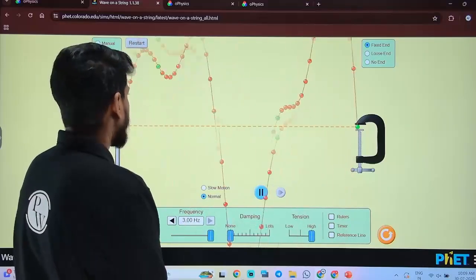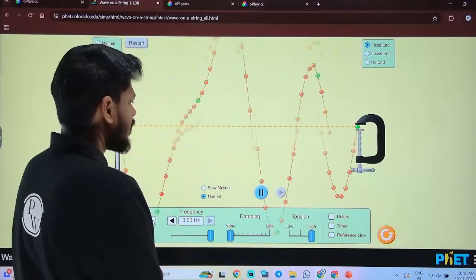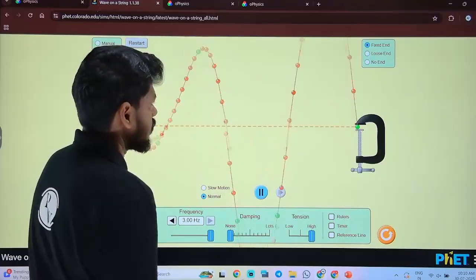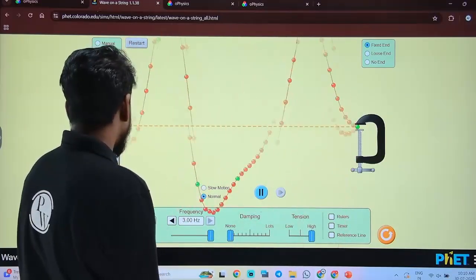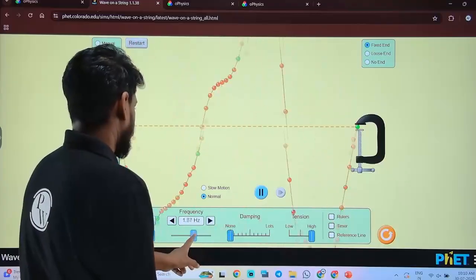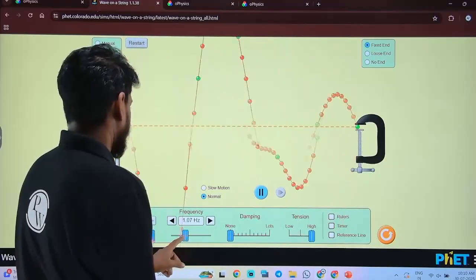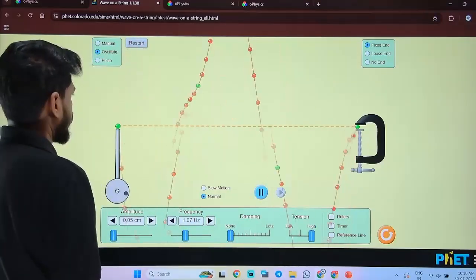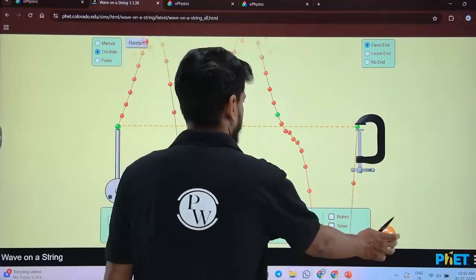What happened now? Last time we got a wave, this time we are not getting a wave. Fixed end, right? The ends are fixed. Let me reduce the amplitude. Okay, I got it.